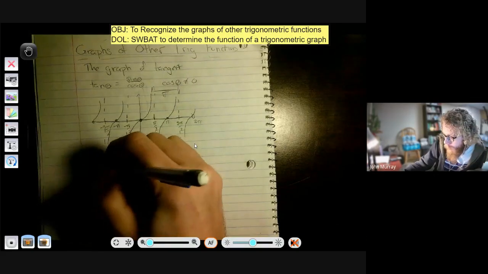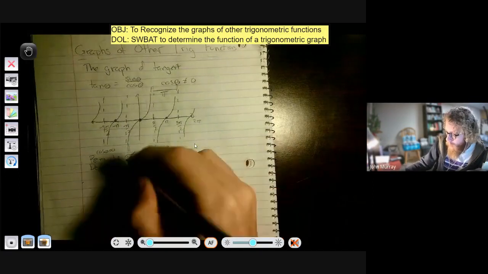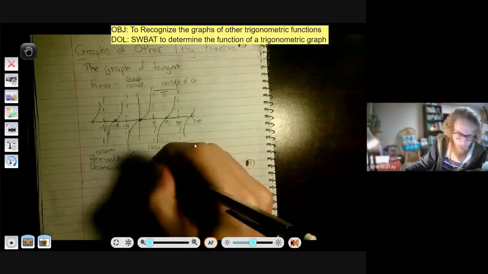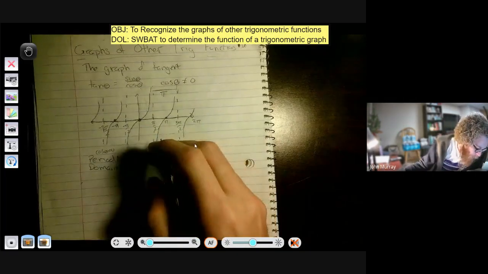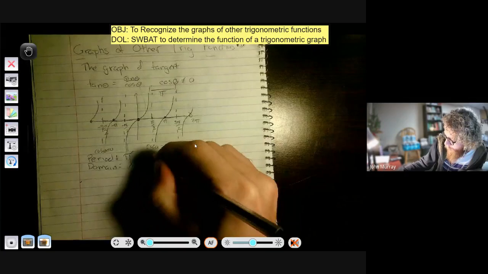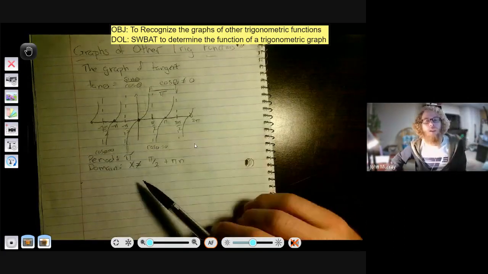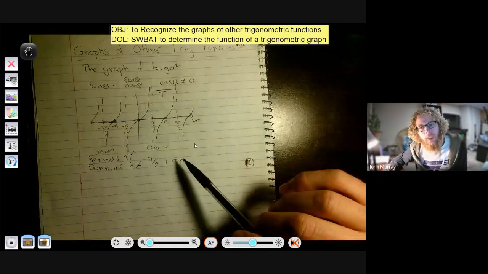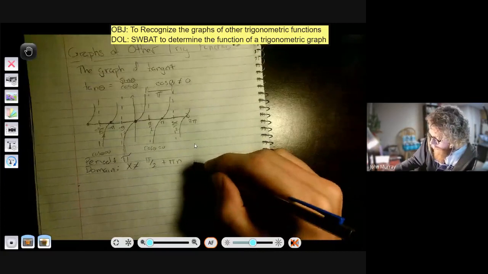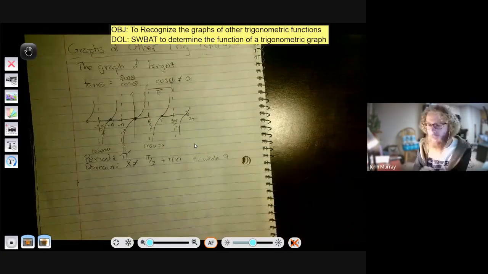Okay, our domain is restricted, right? So we say x can't equal, now this is a different way of looking at it, pi over 2 plus pi times n, where n is some whole number.